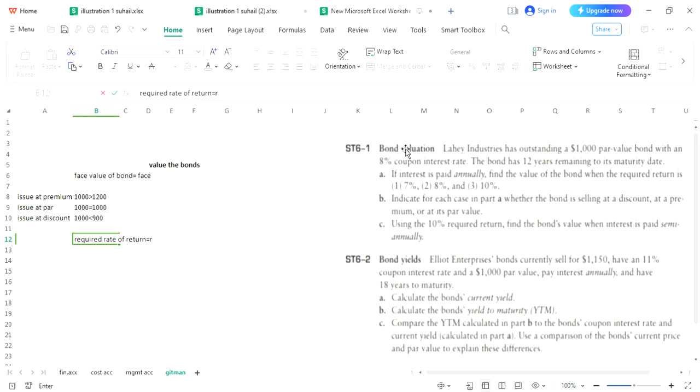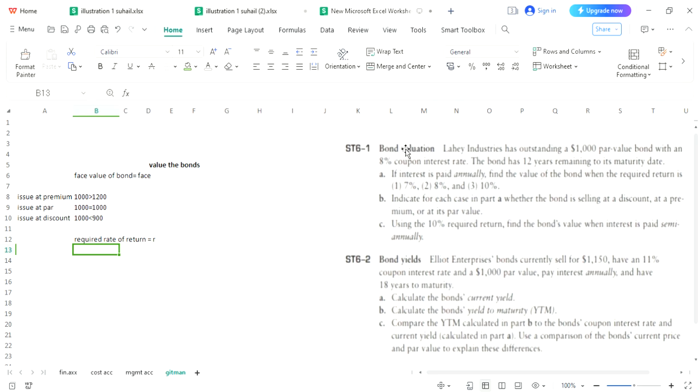Whatever output they want to get from that bond is called a required rate of return. Right now, just understand it is the willingness of the investor, how much rate he wants to get from the bond. We will explain in another chapter deeply. It would be denoted with the small r.